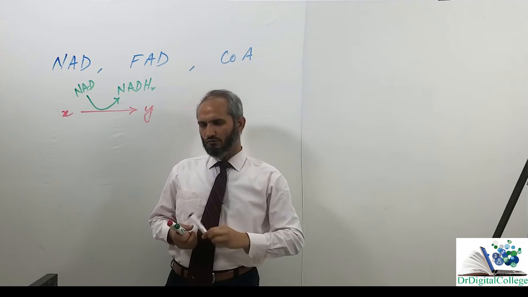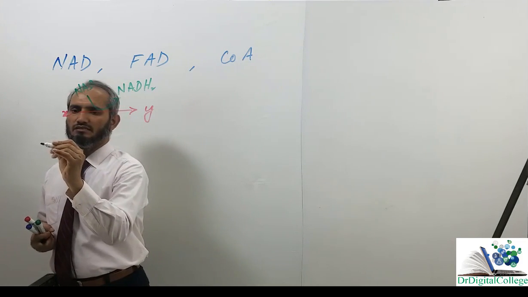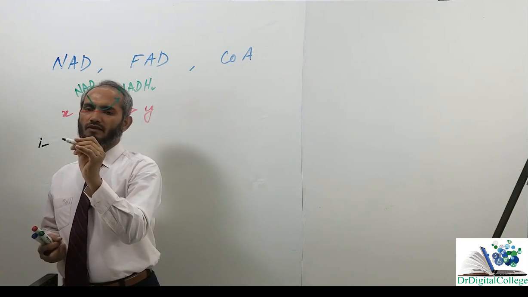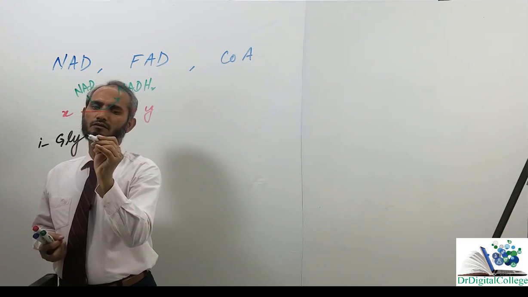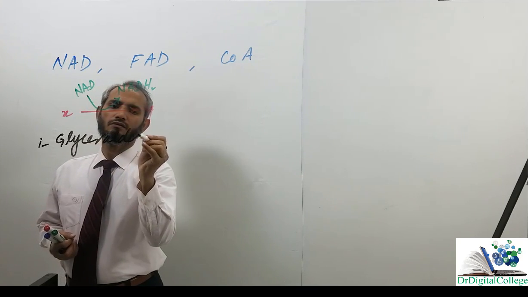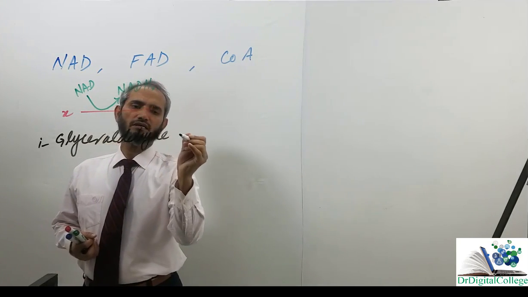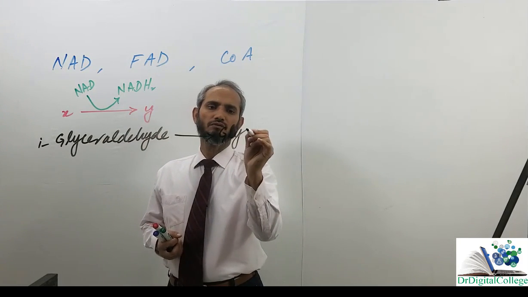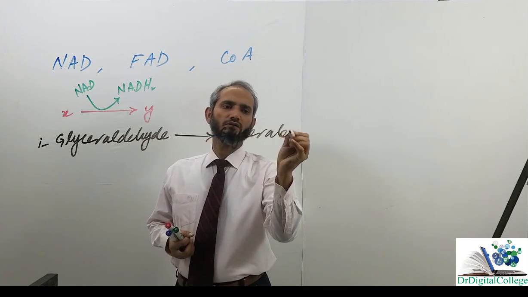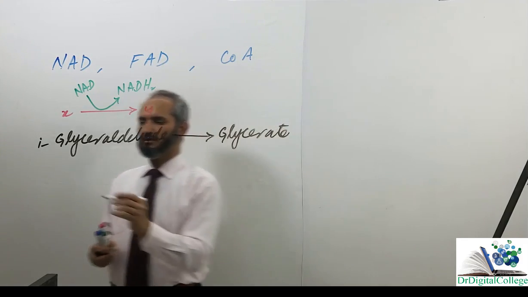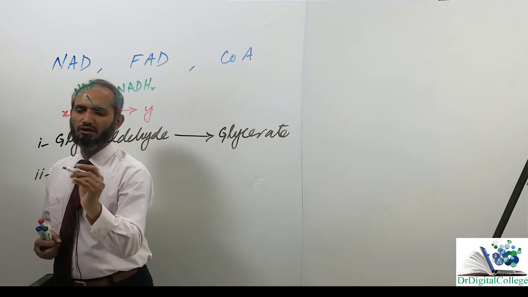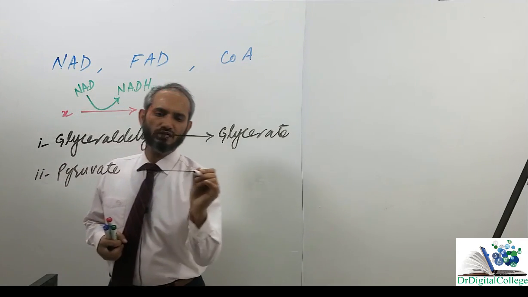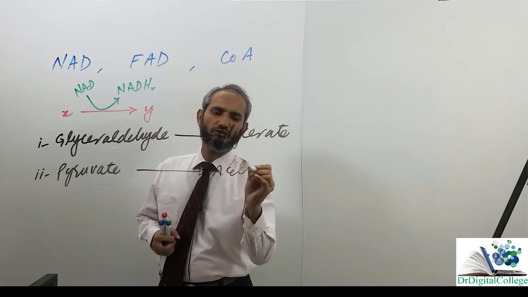I can write here one by one: number one, during glycolysis, glyceraldehyde is oxidized into glycerate. Number two, during oxidation of pyruvate, pyruvate is oxidized into acetyl coenzyme A.